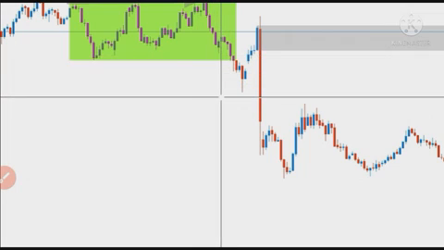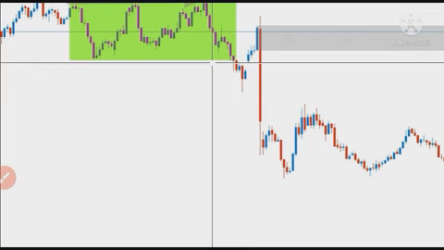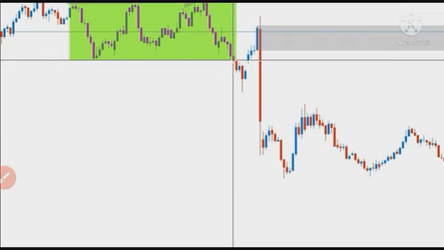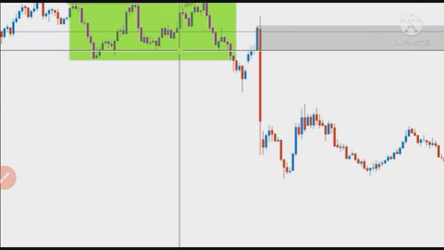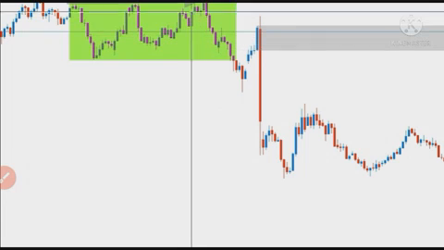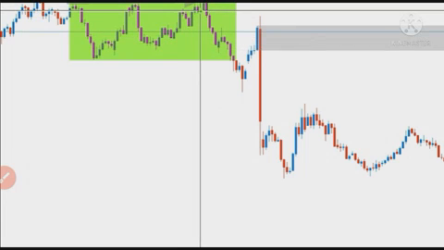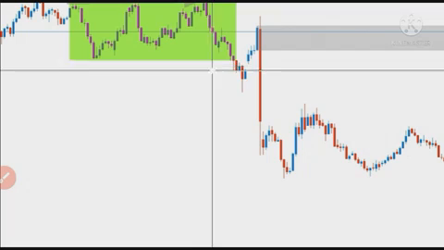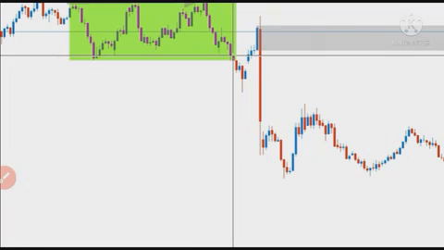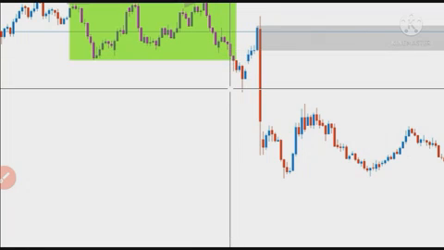Now, this is the break of structure. Your last opposite candle is supposed to have been this very structure inside this green box here. But because the market has now printed what I told you about, your second POI, which is price inefficiency.